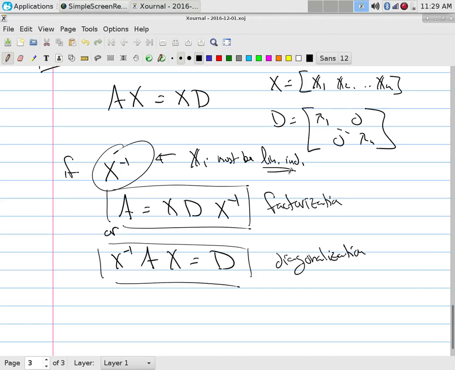On the other hand, what if there's a repeated eigenvalue? What are you going to have to do? Check. And how do you check to see if a bunch of vectors are actually independent? We'd look for free variables, but is there a thing that checks for independence?